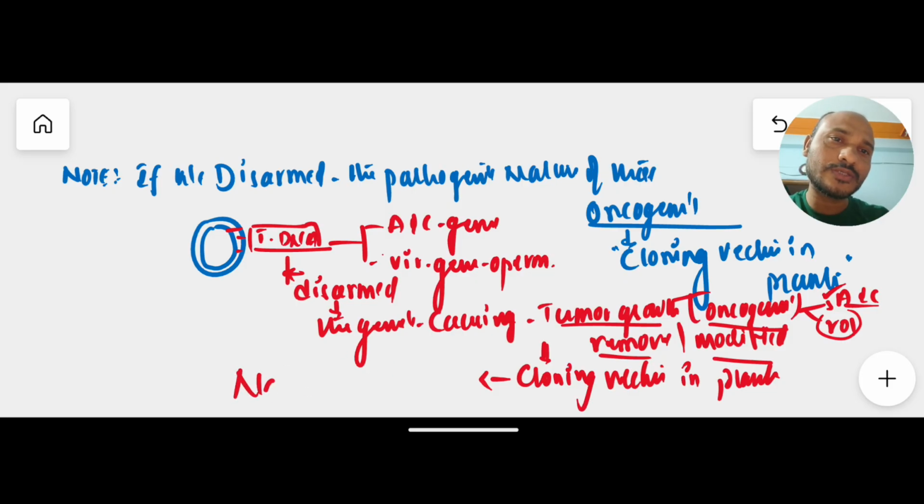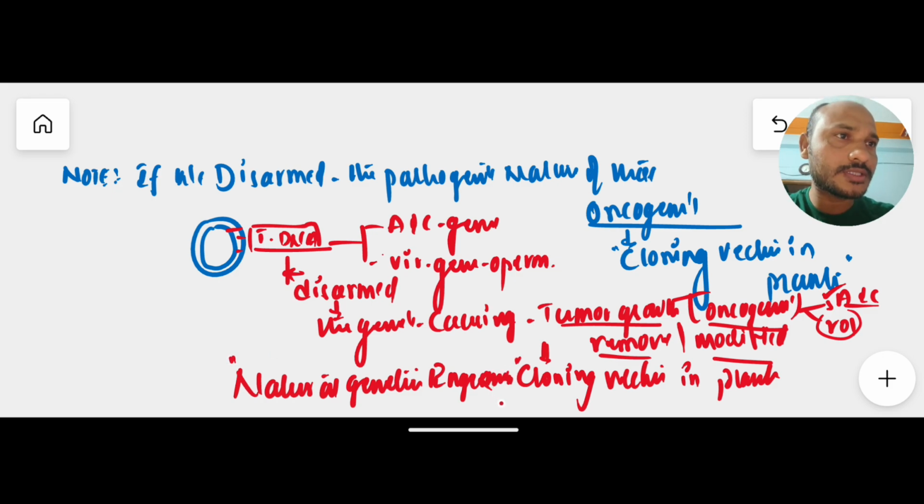Which microbe can we use as a natural genetic engineer? Agrobacterium tumefaciens, because we disarm the tDNA, meaning we can remove the pathogenicity of these oncogenes like tumor growth genes, auxin and cytokinin. Then we can use them as a cloning vector. Hence we can call them natural genetic engineers.